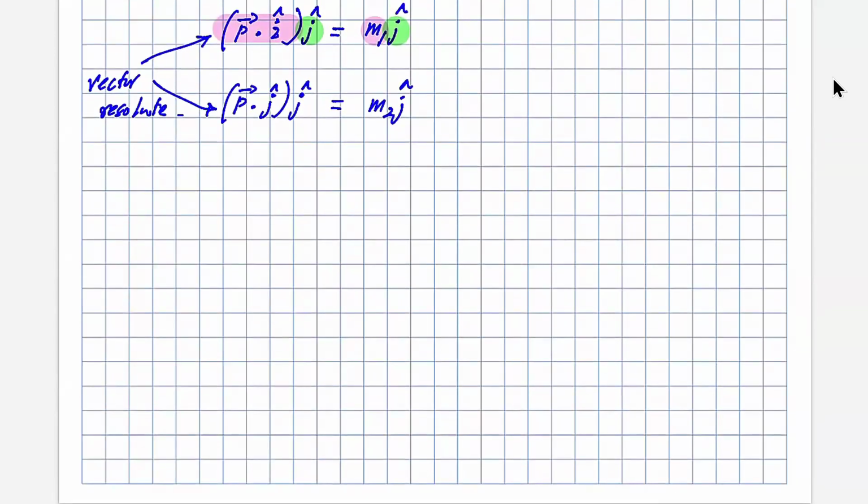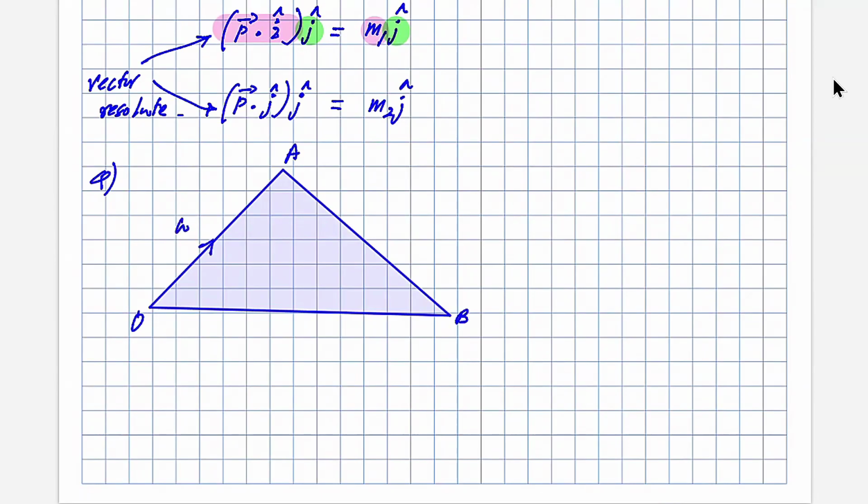Okay, this question. So O, A, B. This vector is A vector. This vector is B vector. Okay. O vector, A vector, B vector is given to you. O is the origin, right?